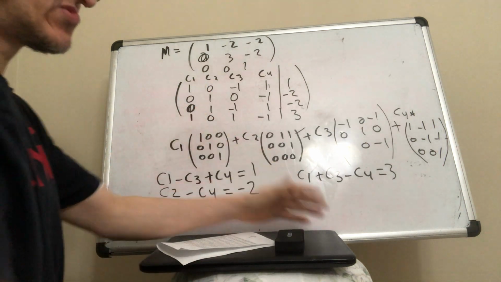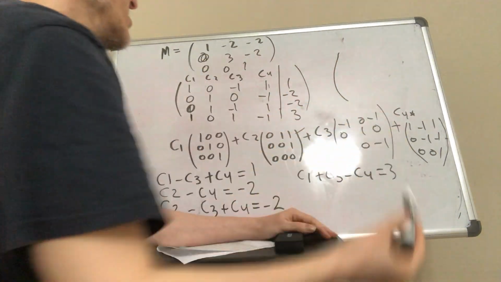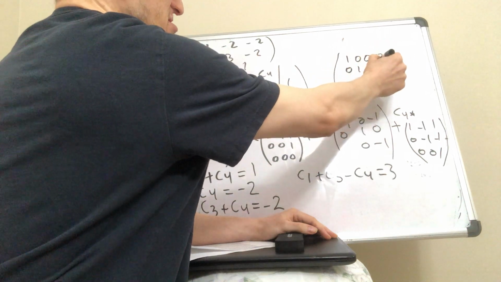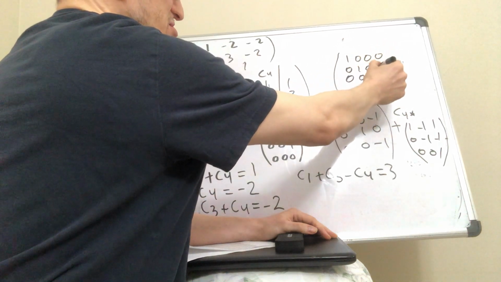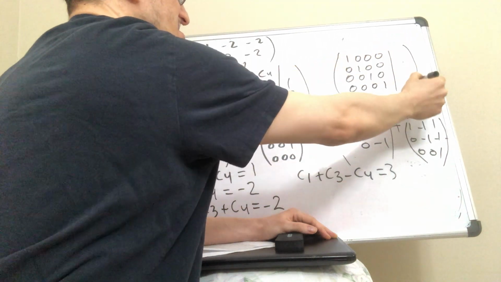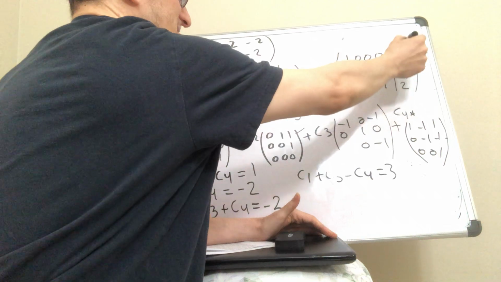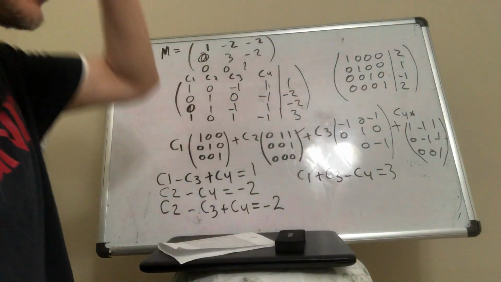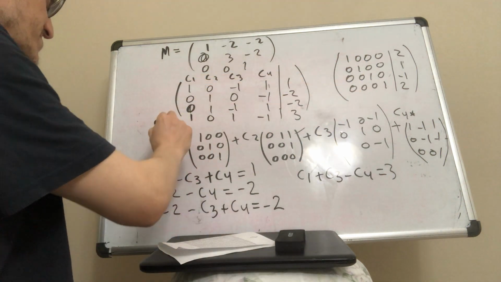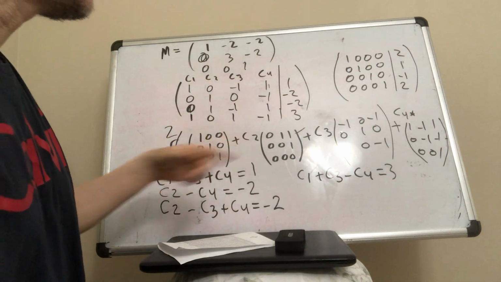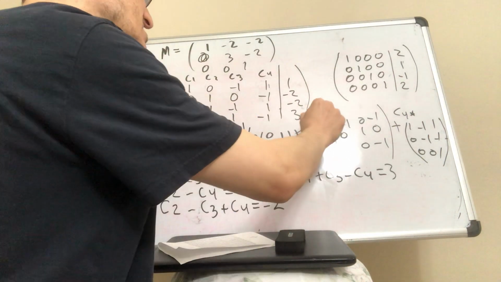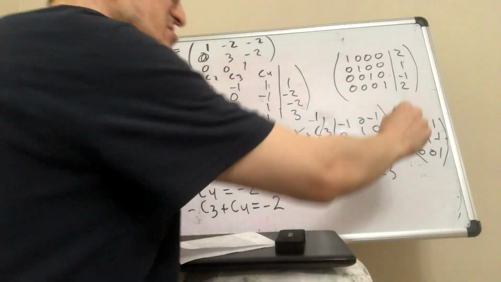I don't remember what the answer was. But when you reduce it, whether you reduce it Gauss or Gauss-Jordan, doesn't matter. I believe the answer was something like this. So we know now that C1 is 2, C2 is 1, C3 is minus 1, and this one is 2.